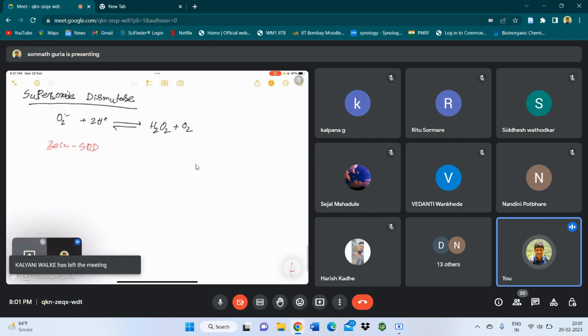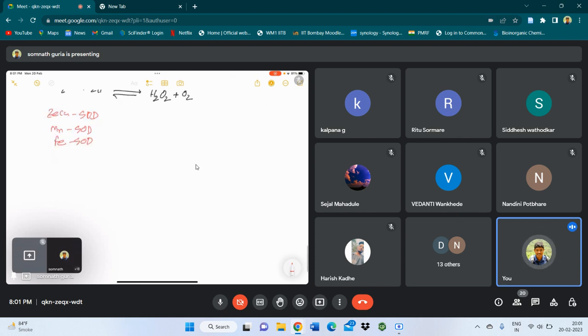Another is the manganese SOD, and iron SOD. People have well characterized the zinc copper superoxide dismutase.